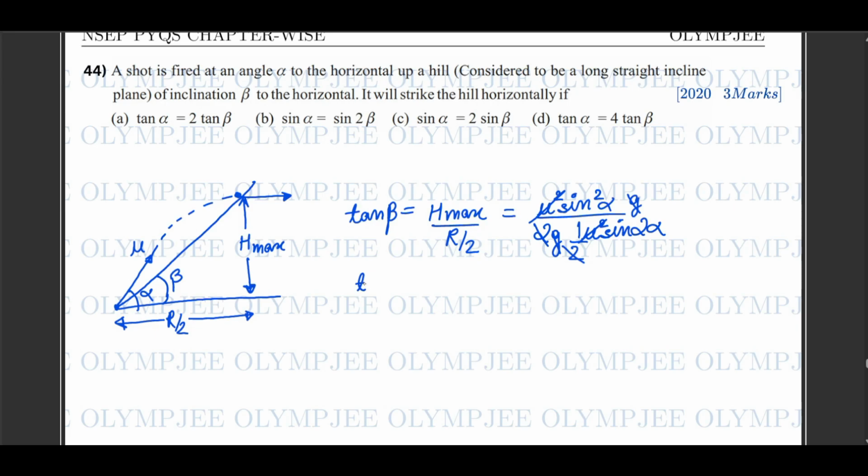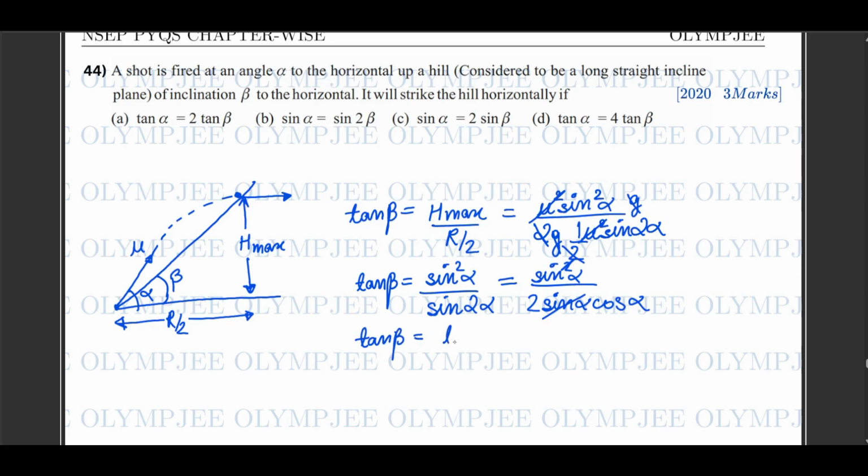So we get tan beta is equal to sine square alpha divided by sine 2 alpha, which further, we can write sine 2 alpha as 2 sine alpha cos alpha, and cancelling out one sine, this gives us tan beta is equal to tan alpha by 2, which gives us option A.